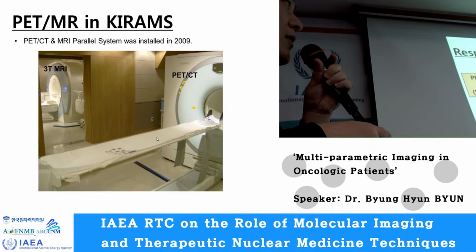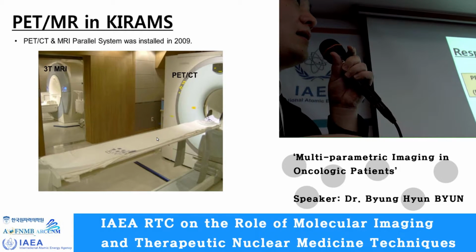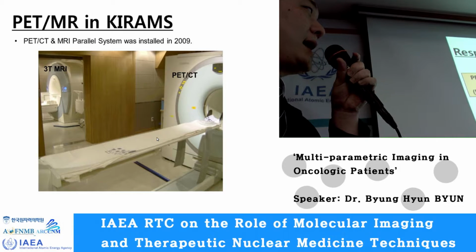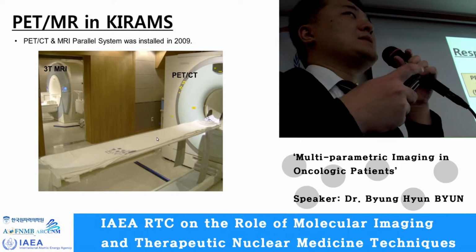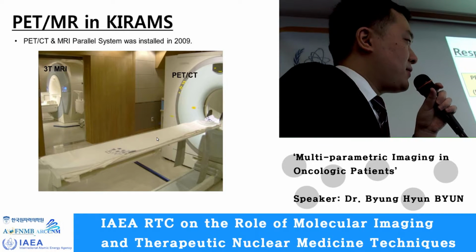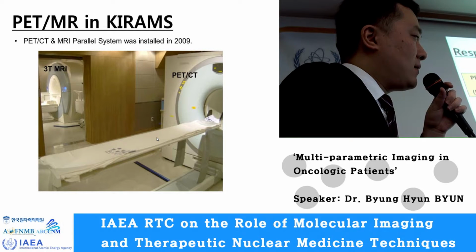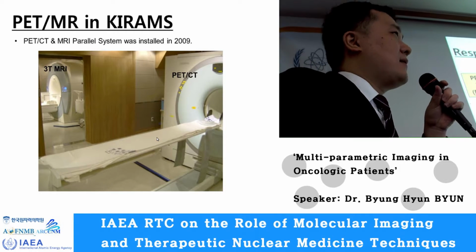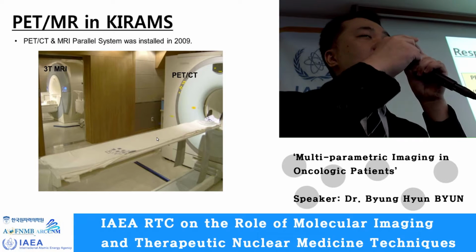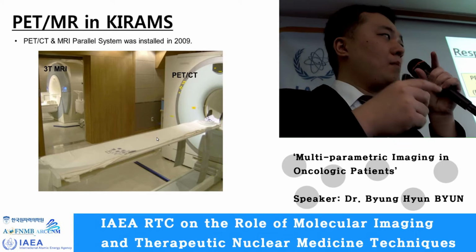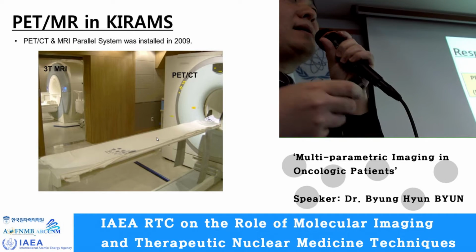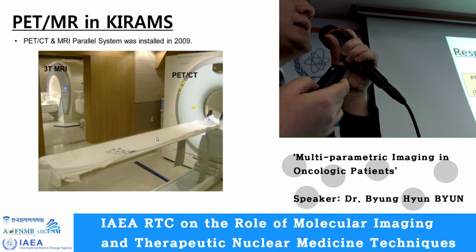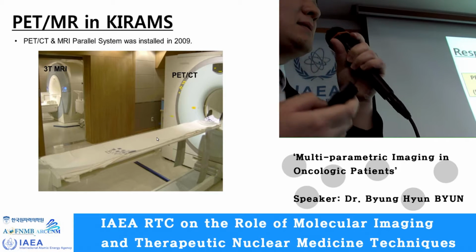The same protocol is applied to the second PET and MRI after the completion of chemotherapy. Then surgery is performed and the specimen is acquired. Then the pathologists evaluate the response. If there is more necrosis, the tumor is more likely to be a good response.